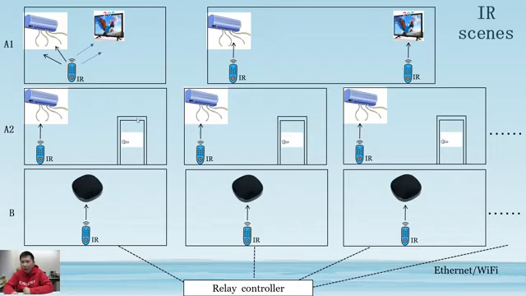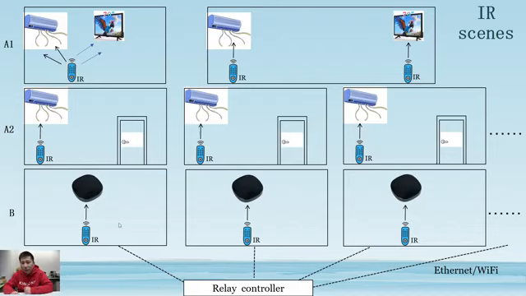You can see there are three room images. In every room, an IR remote controls the air conditioning, the second room uses another IR remote to control its air conditioning, and the third room uses this IR remote to control its air conditioning. That means in different rooms you need different IR remotes to control the different air conditioners, because the IR signal can't go through rooms.